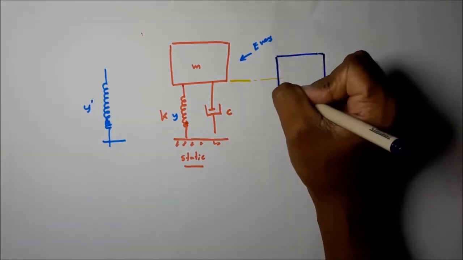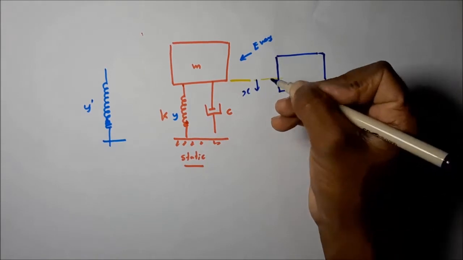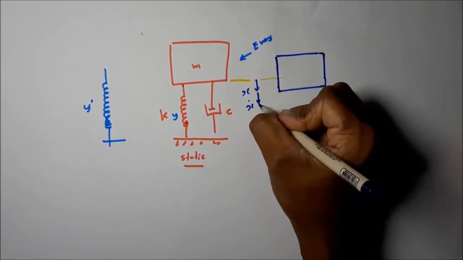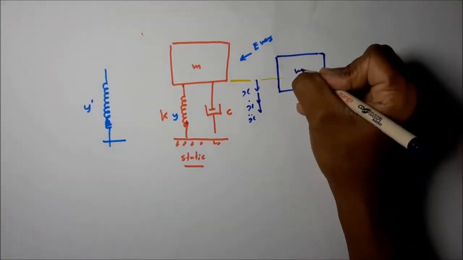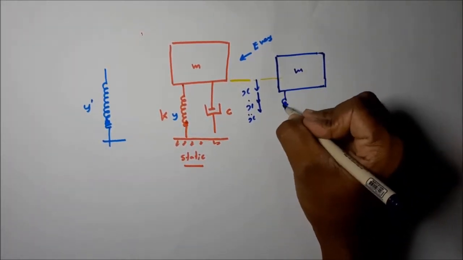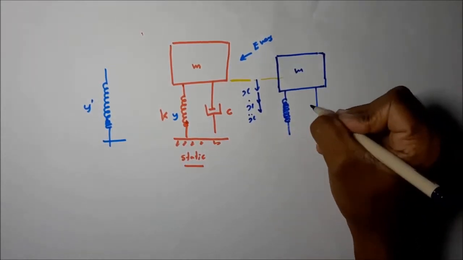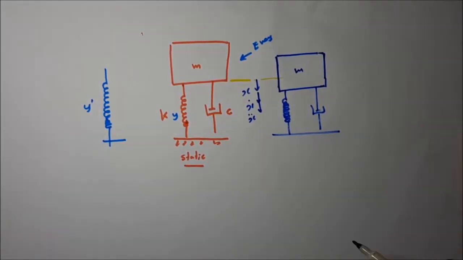This mass is displaced x distance from the equilibrium position, with velocity x dot, moving in the downward direction, with acceleration x double dot. Then you can see the spring is compressed. Then the dashpot.